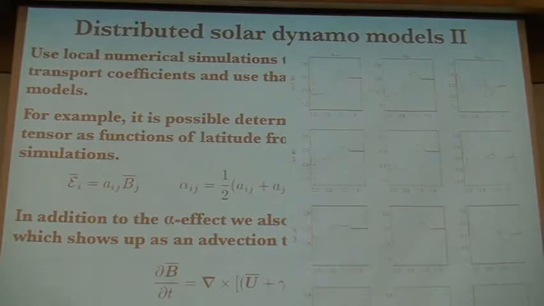Actually, this was done with a Coriolis number of 4, which corresponds to a depth in the solar convection zone which is basically at the middle of the convection zone. If we do runs where rotation is weaker, this could be considered as a layer which is higher up in the convection zone.